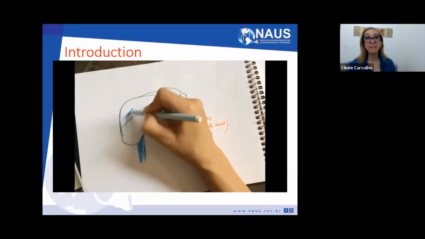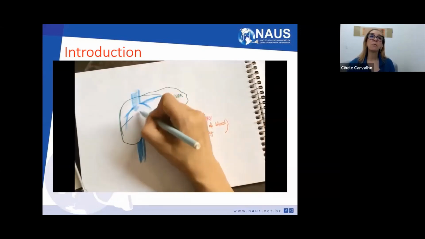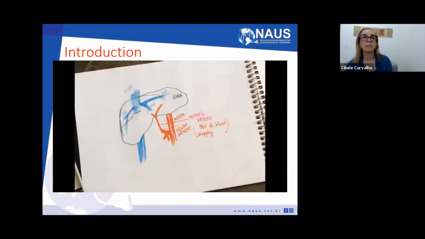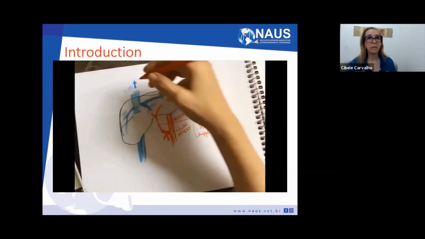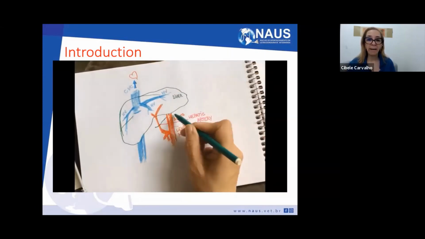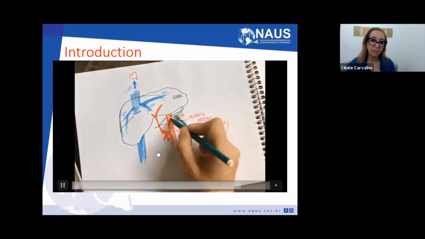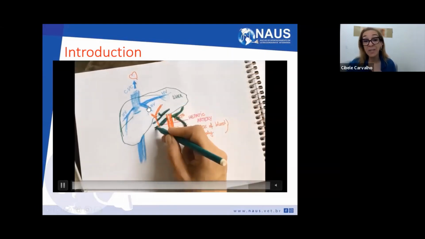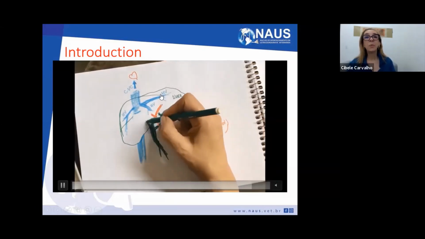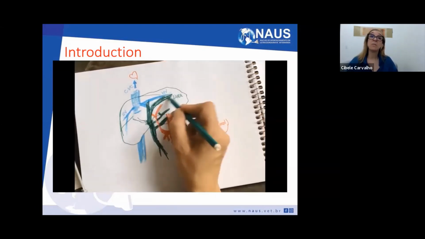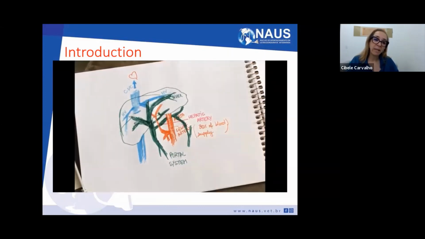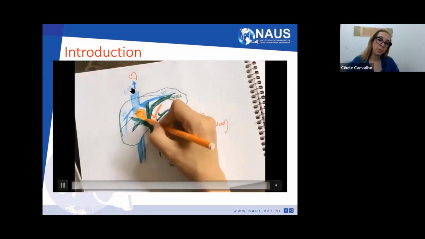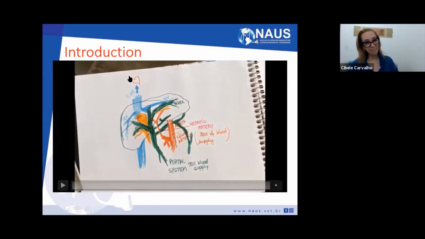These veins carry nutrients from these organs, and that's how the liver receives nutrients. So all this blood leaves the liver by other veins, comes from the portal veins and leaves the liver through the hepatic veins. These veins drain directly into the caudal vena cava here and go back to the heart. Okay.